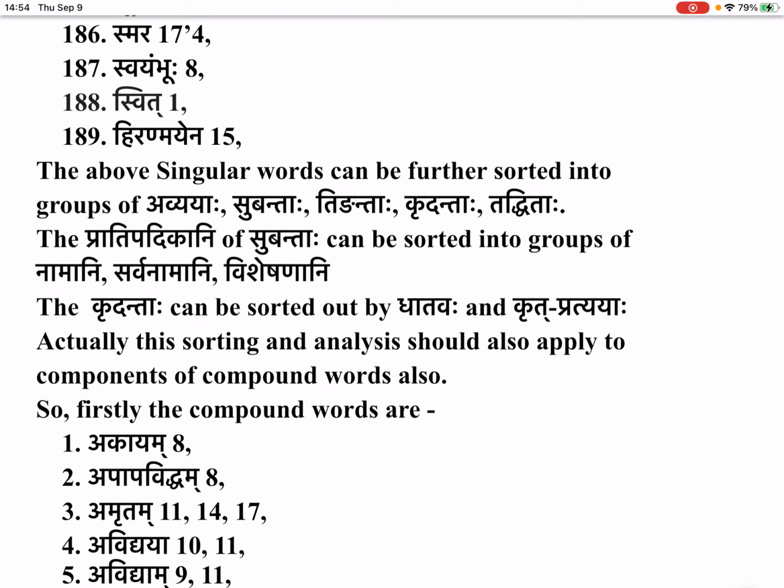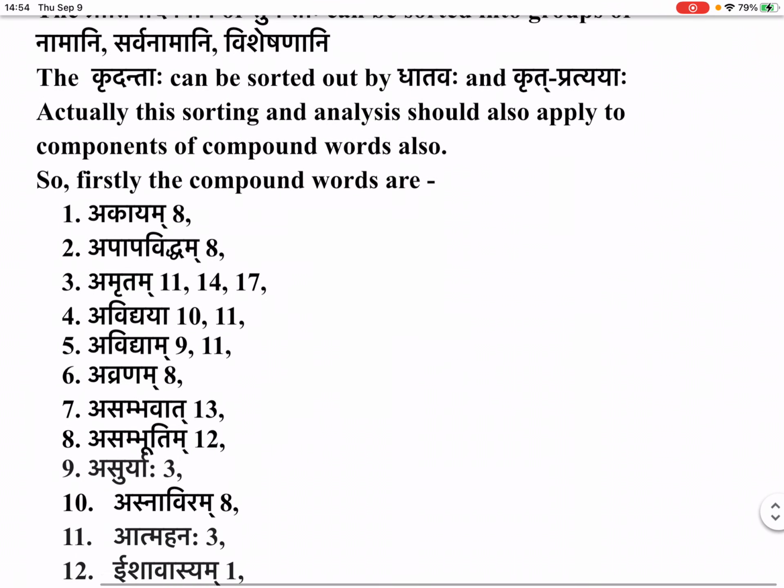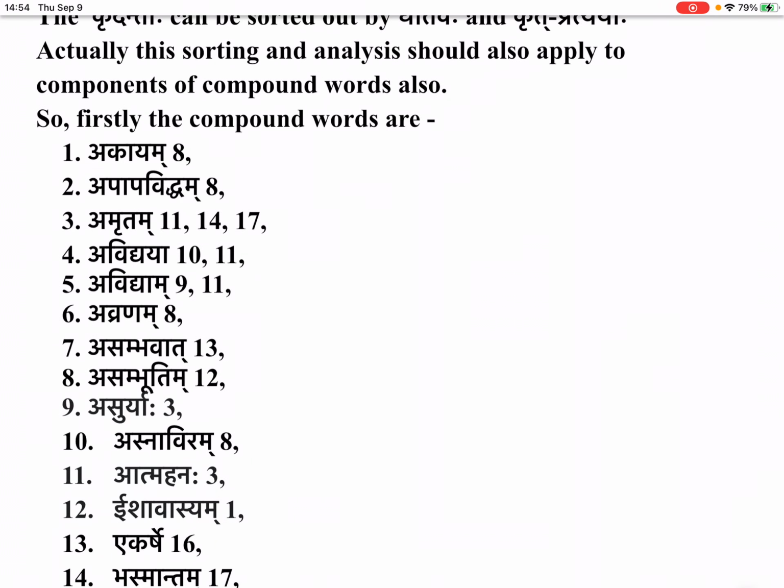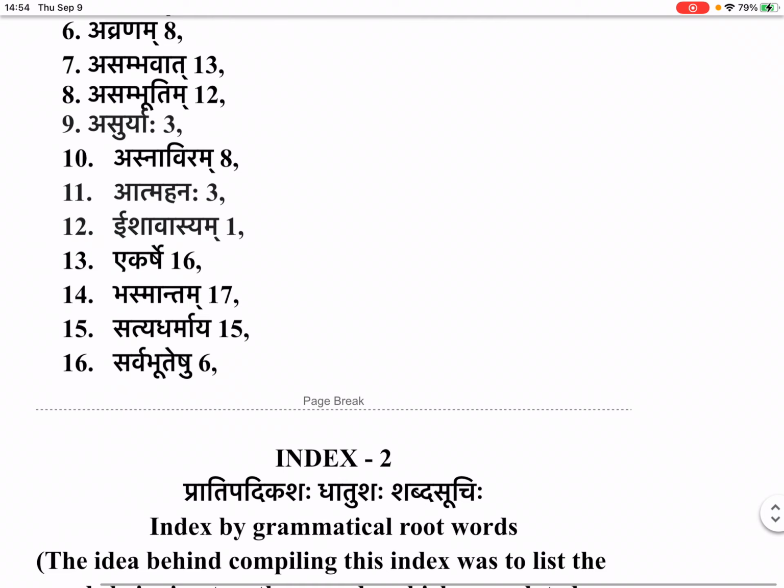So firstly, the compound words: Akayam, apapaviddham, amrutam, avidyaya, avidyam, avranam, asambhavat, asambhutim, asuryaha, asna, viram, atmahana, ishavasyam, ekarshe, bhasmantam, satyadharmaya, sarvabhuteshu. 16. So 189 plus 16, 205.